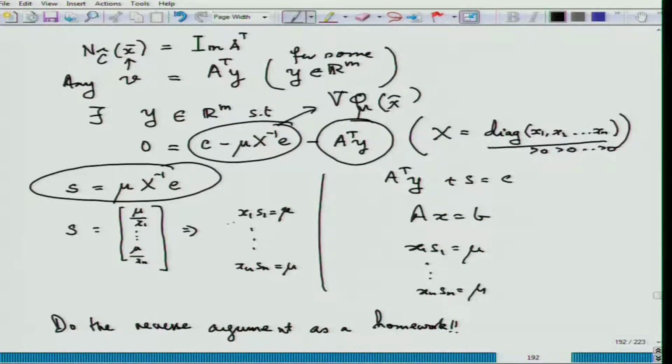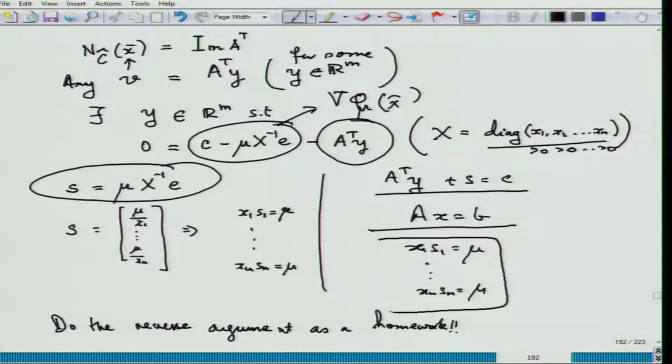So you are getting S1 x1 equal to mu, Sn xn equal to mu. So you are basically solving this system, F mu of x, y, s equal to 0, and obviously you have Ax equal to b, because your solution has to be a feasible point, and it also satisfies this.